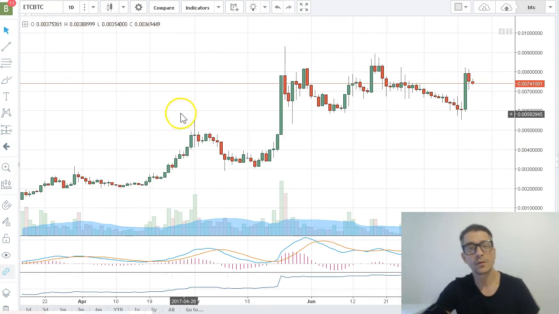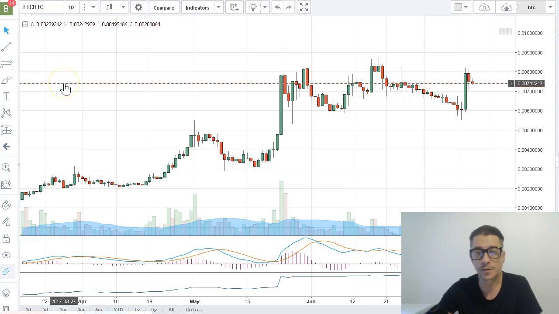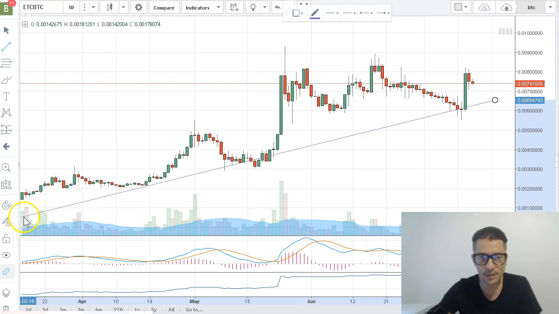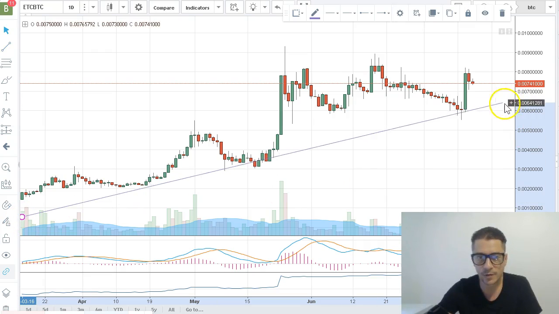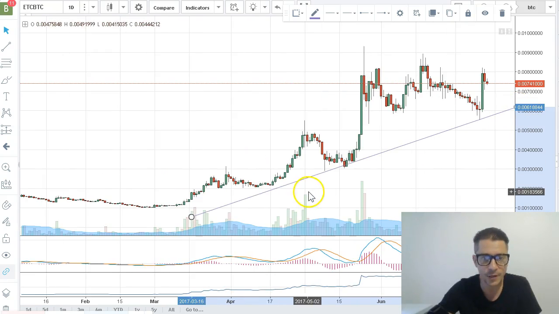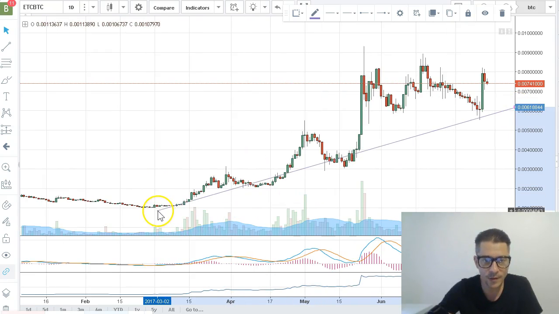Also, another thing that you can do with support and resistance levels is look at trending levels. The trending support level would be just connecting the lowest points over the period of the last few weeks or months or whatever you're looking at. So let's just see from here.